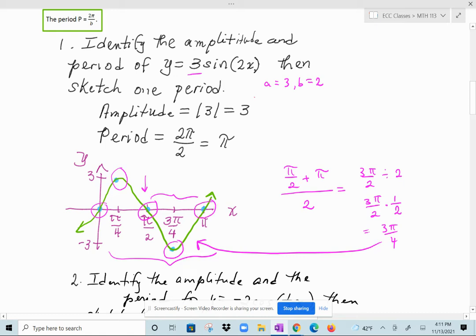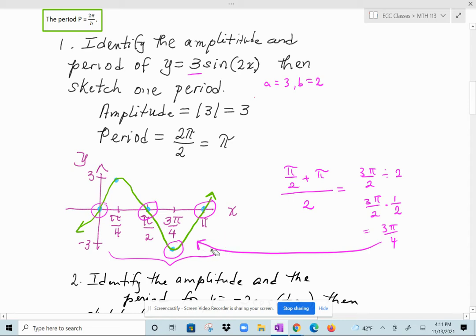So the shape is exactly the same as just sine of x, but the period is shorter and the maximum and minimum values changed from -1 to 1 to -3 and +3. So that means your domain is still all real numbers, but your range is from -3 to 3.